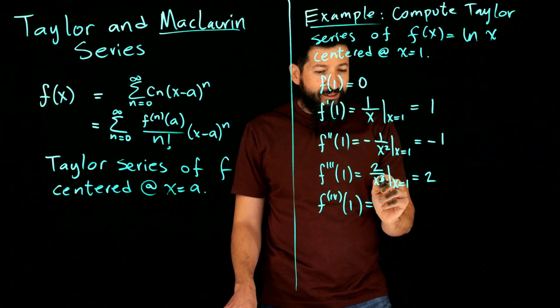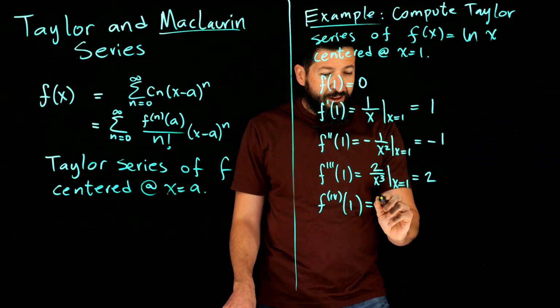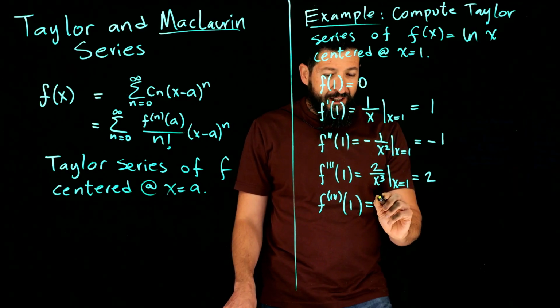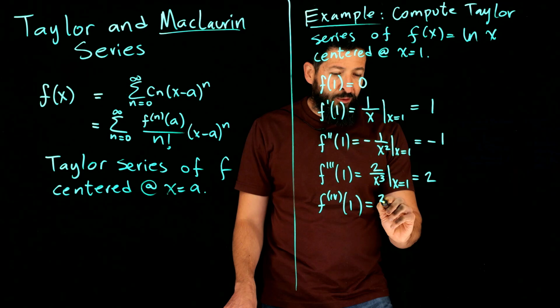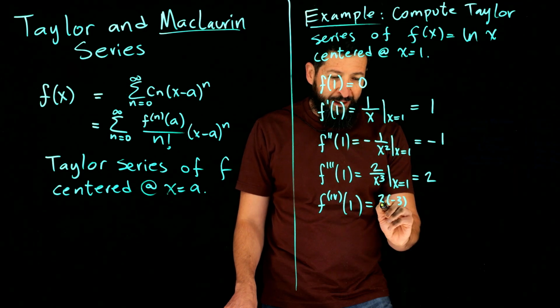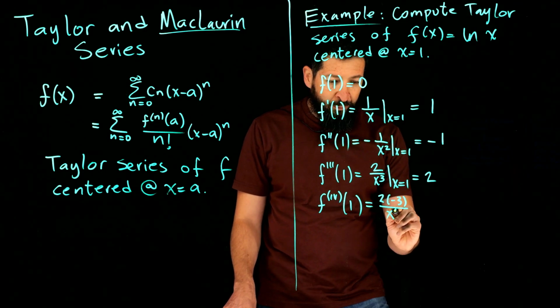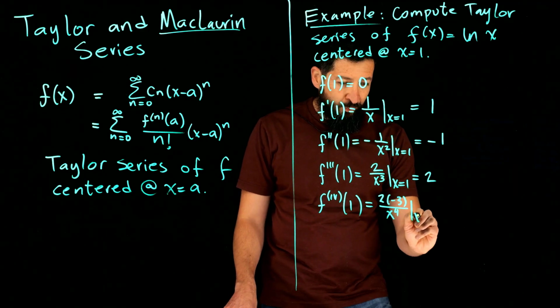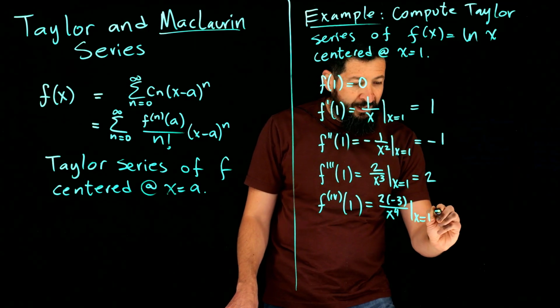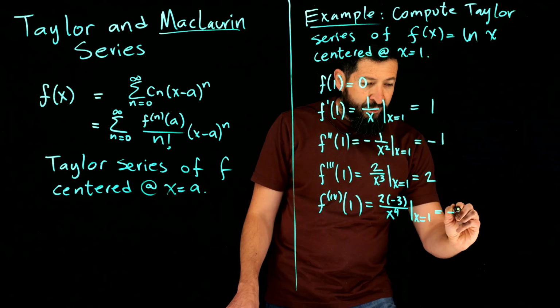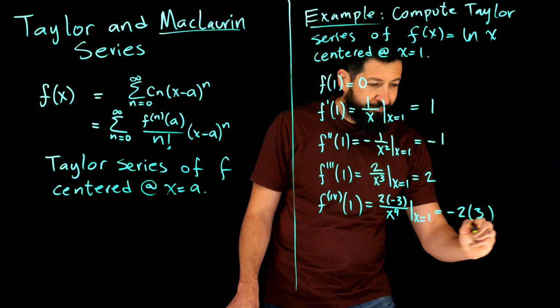So I'm going to have negative 3 times 2. So it's going to be 2 times negative 3. Let me write it like that, and there's a reason why. Give me just 1 second and I'm going to explain why. So that's going to be negative 2 times 3.